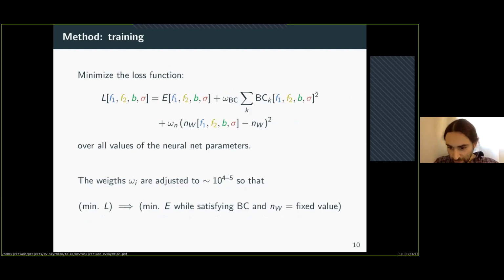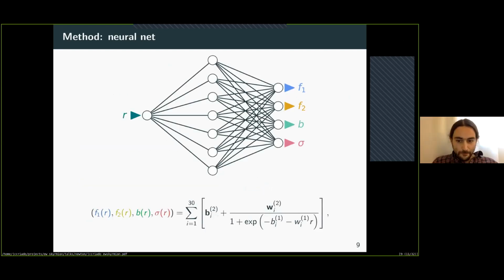There is a question from Linden. How did you choose the number of nodes in your hidden layer? Just by trial and error. I tried a very simple network with 10 units, and it didn't seem to fit too well or quickly enough. So it's just trial and error. It's very hard to know this in advance, I think.